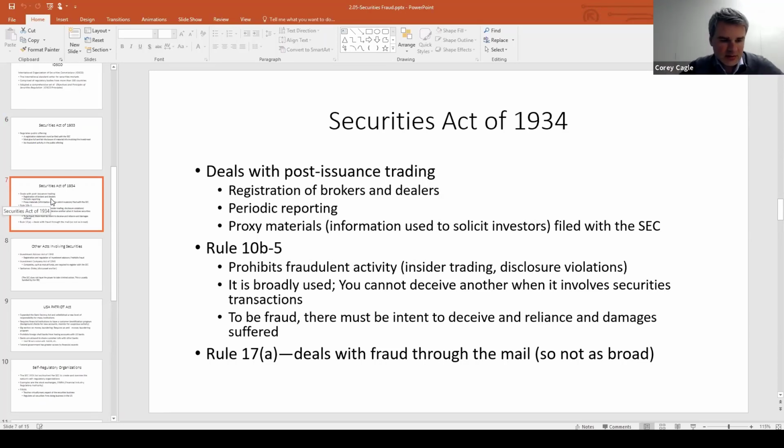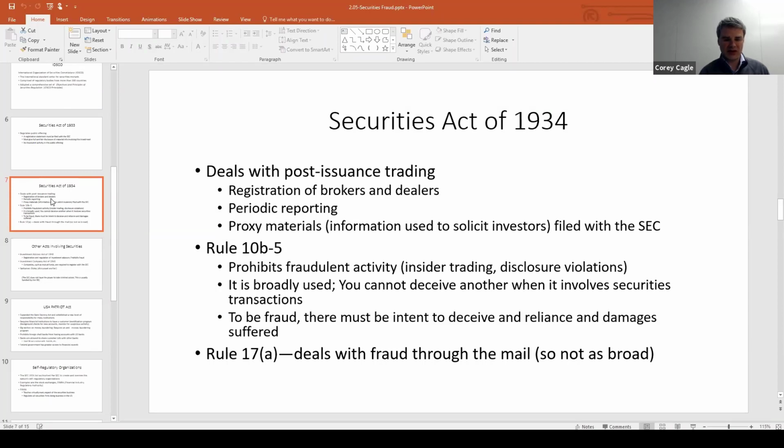Trading that's going on after it's offered. There's registration for the dealers and brokers. There's reporting that we have to do. We accountants are familiar with all that. Proxy materials filed with the SEC. You have Rule 10b-5, which prohibits fraud, prohibits insider trading, and disclosure violations. That rule is used very broadly.